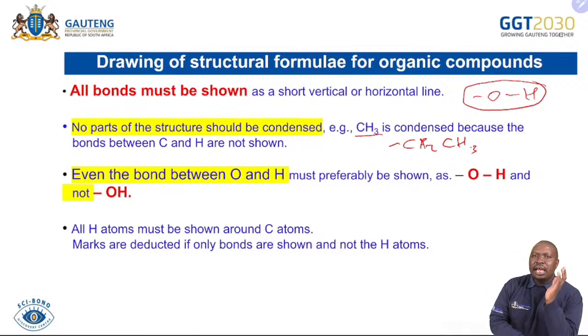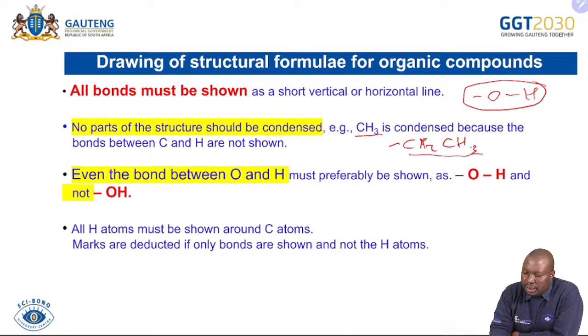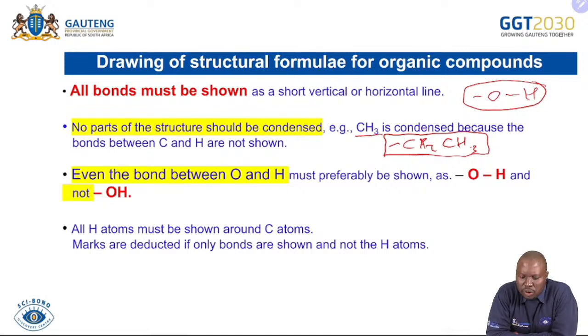As I indicated, we have 3 formulas that we are focusing on: general formula, molecular formula, and structural formula. So when the structure is written like that, for your information, you must know that it is a condensed structure. CH3 is condensed because the bonds between carbon and hydrogen are not shown.